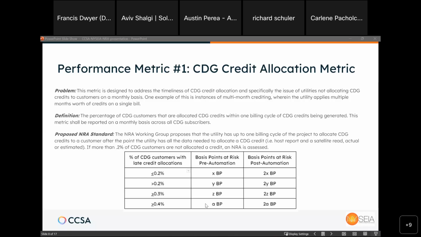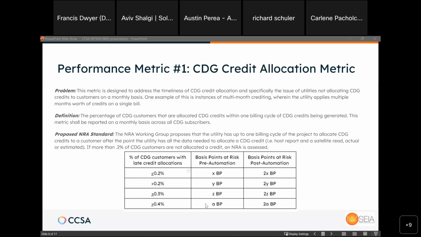That being said, I think Kate mentioned it at the beginning, but the rationale for all of these metrics is that we want customers to have a good experience. So the NRAs are not, from our perspective, meant to be punishing or to be unreasonable. We just want customers to get credits when they're supposed to.